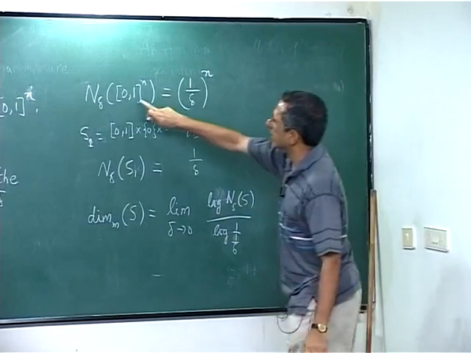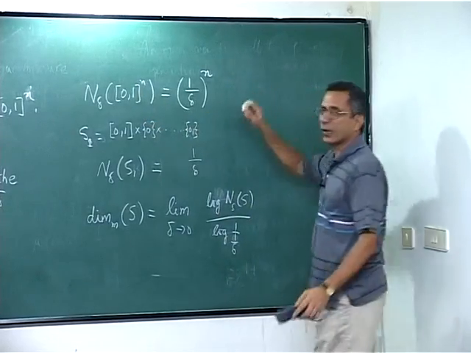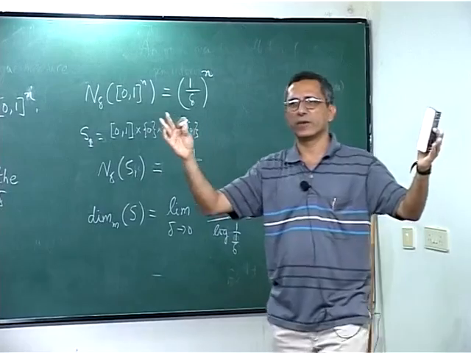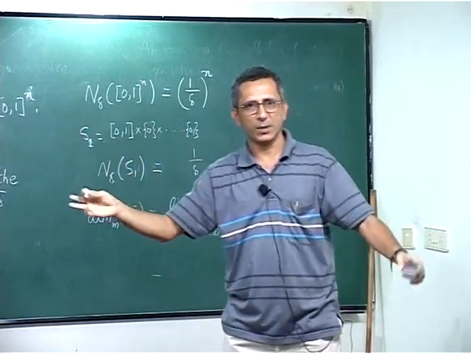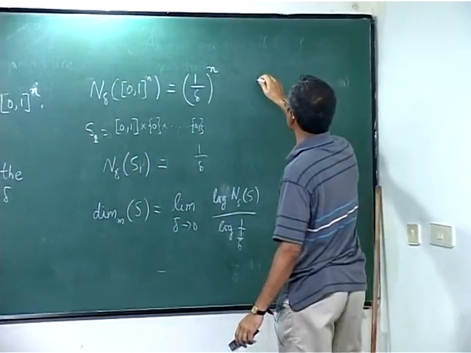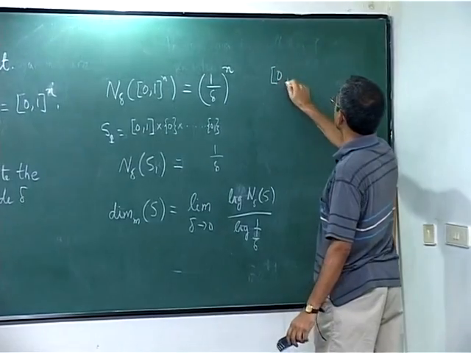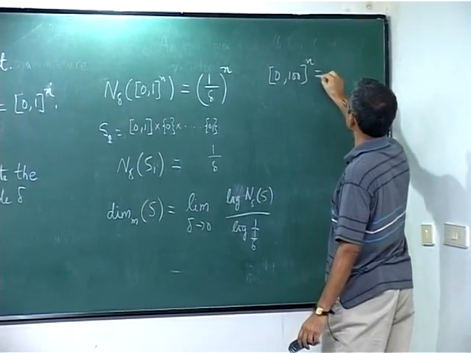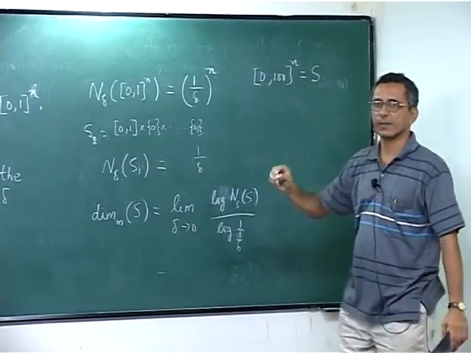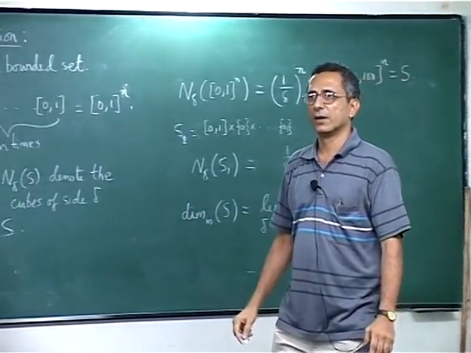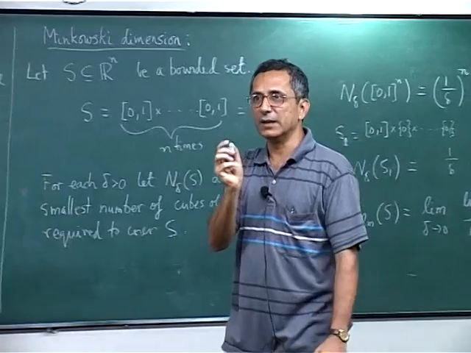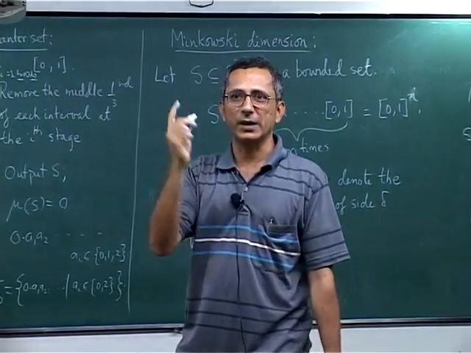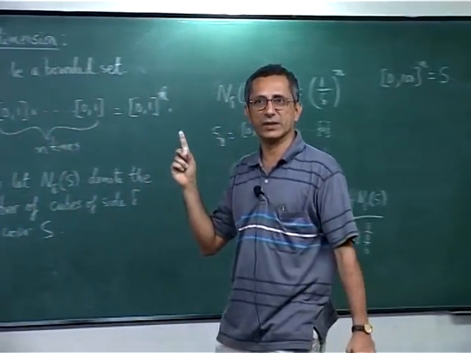So suppose instead of 0, 1 to the n, I look at a larger n dimensional box. Let's say it's of the form 0, 100 to the power n. Suppose this is my set S. The number of little delta side cubes that are required to cover this is much larger, isn't it?